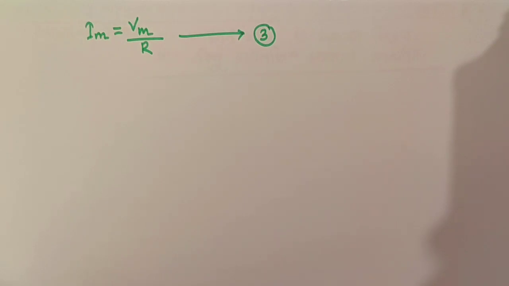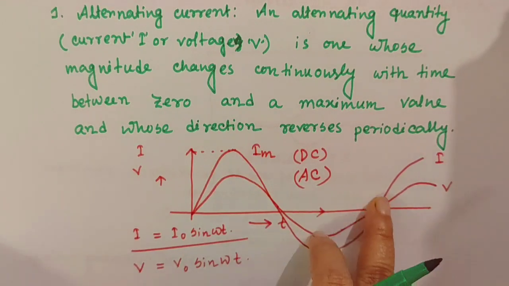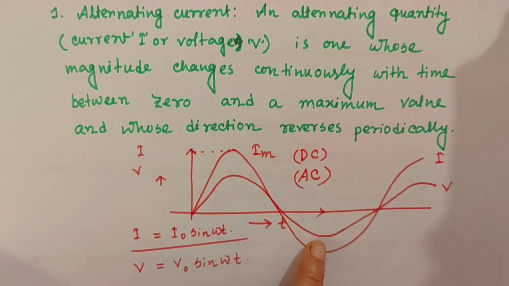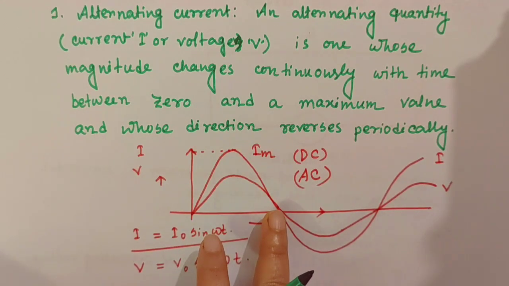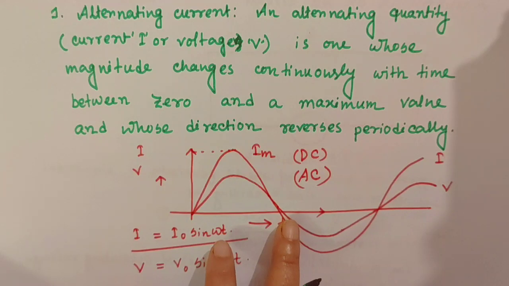Such a relationship is clearly shown in this figure. Now I am showing this figure. So this is our figure as we discussed earlier. From this figure, we can see that the current varies with time in exactly the same manner as the voltage. Why does it happen?